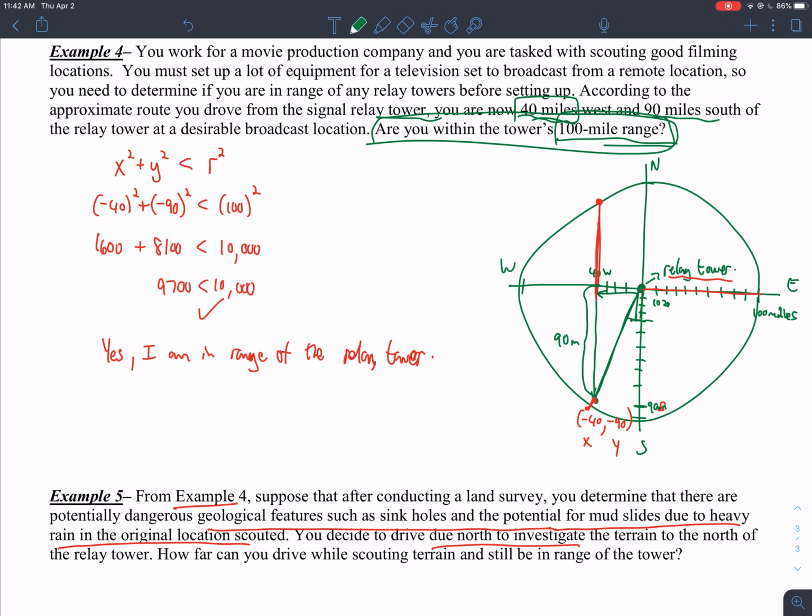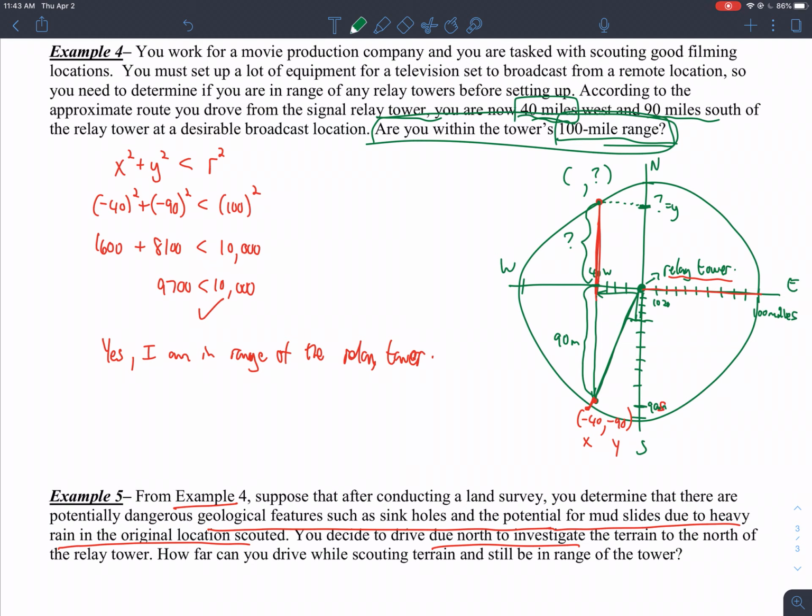Then really the only question is, how far is this distance? Since it's a point on my circle, I'm basically asking what is the y-coordinate, because that would give me this distance. If I find the y-coordinate, then I have the distance from the x-axis.